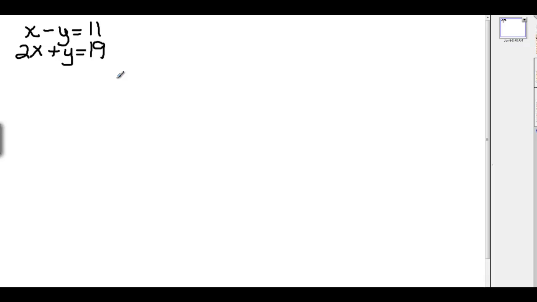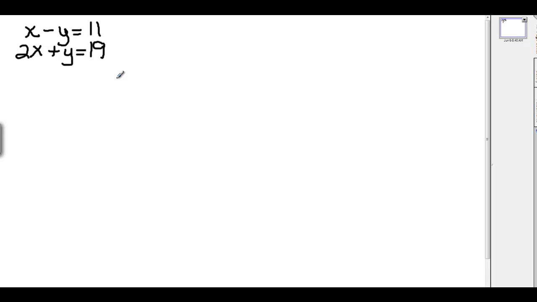When we add these equations, the goal of elimination is to eliminate one of the variables, either the x or the y. To eliminate means it adds to be 0, and to add to be 0, we have to add opposite numbers, the same number with opposite signs.